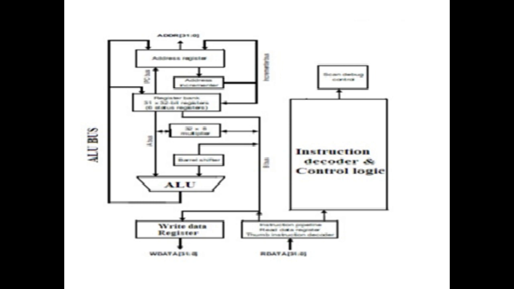Once the data has been executed, it is provided through the ALU bus and then back to the register bank where the result is stored. Once the result is stored, it is provided to the data read register. There are two data registers, write register and read register. Both are 32-bit. Once the data has been executed, it can be sent to the 32-bit address register.